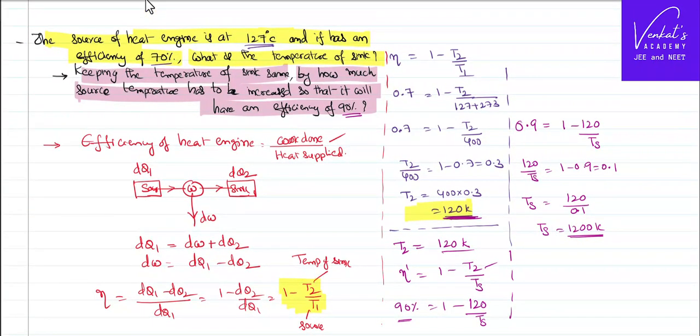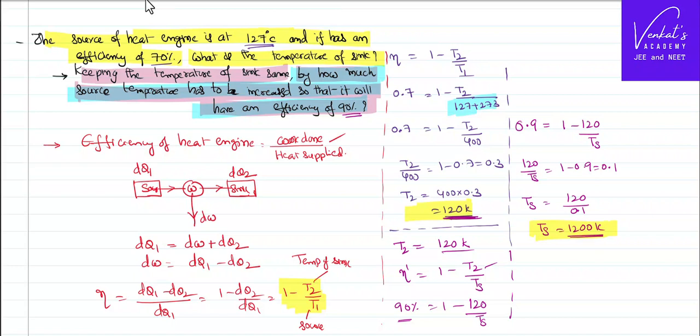After getting the temperature of the source, go to the question once again carefully and see. By how much does the temperature of the source have to be increased? What is the earlier temperature of the source, as we have calculated? That is 127 centigrade, or 127 plus 273, 400 Kelvin, right?